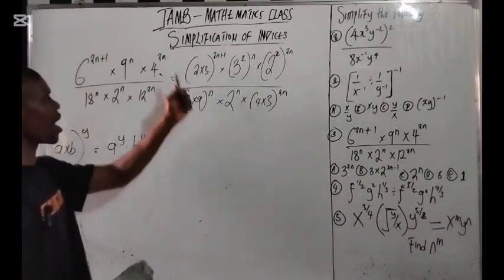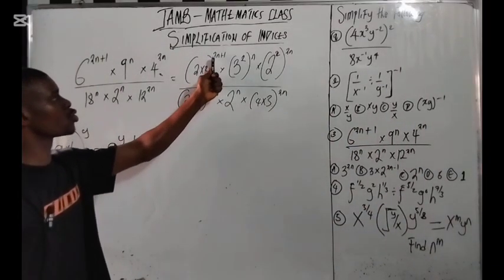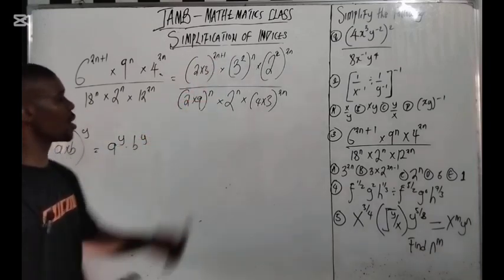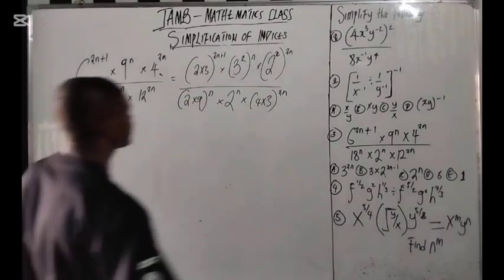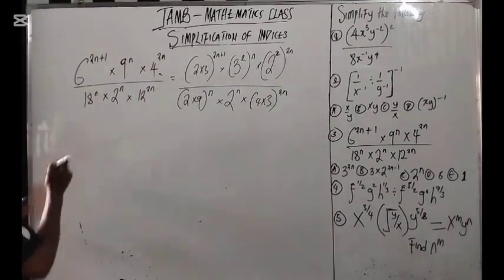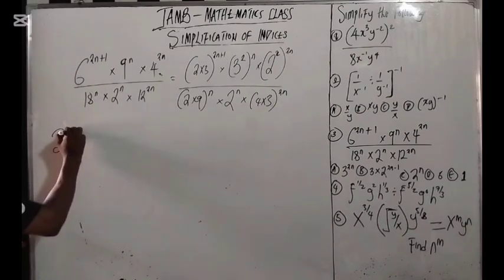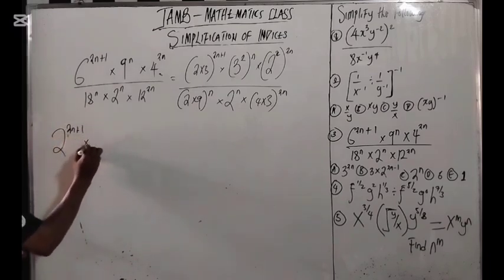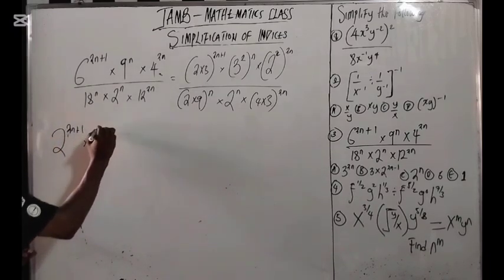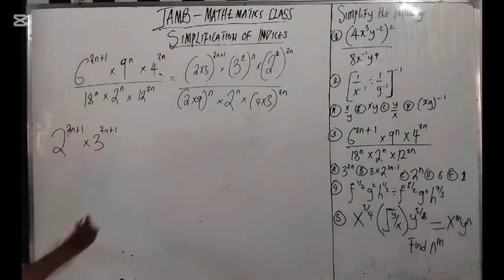So here we have what? A times 3 to the 2n plus 1 here. What does it mean here? It means that you have 2 raised by what? 2n plus 1 times 3 to the 2n plus 1, is okay.